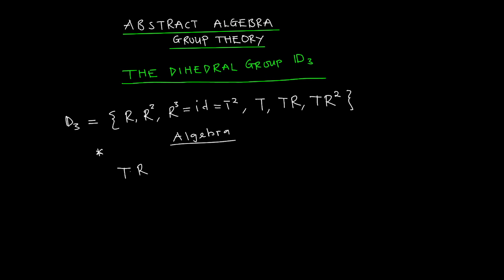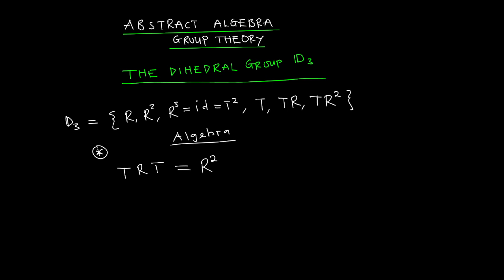So I can't keep writing T composed with R composed with T. But don't think of TR and T as multiplications. They are composition laws. Okay? So T composed with R composed with T. Let's start with this. This is equal to R squared.